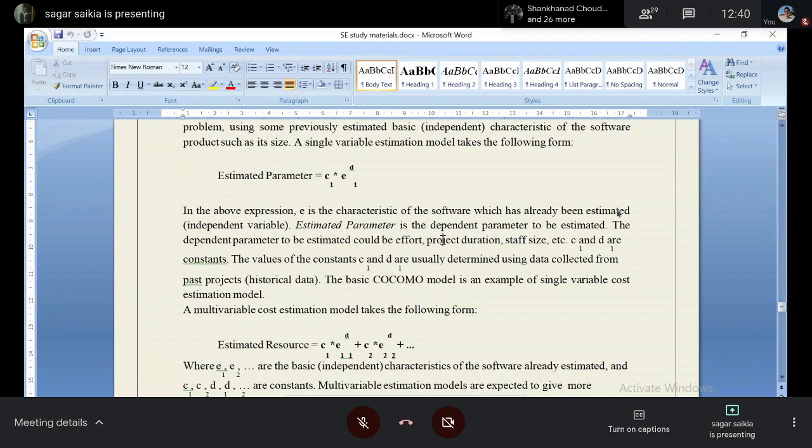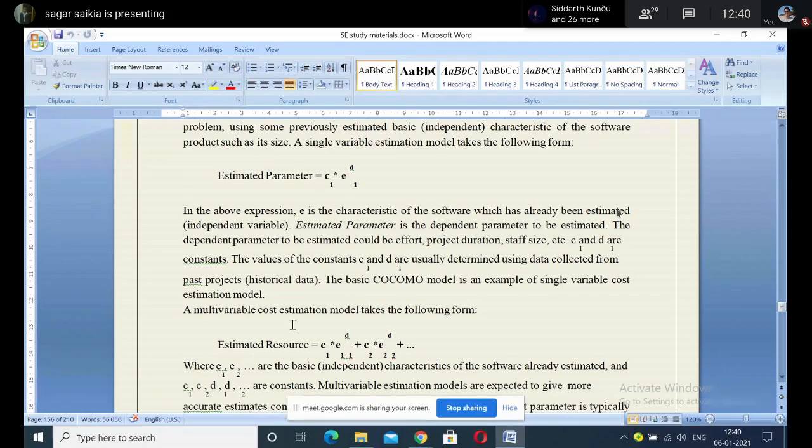So just a single variable. But when we go for multivariable estimation, this will expand: C1 E1 to the power D1, then C2 E2 to the power D2. That means we may be finding effort, time duration, and also the staff size or human resources we need. So this equation will have more terms.